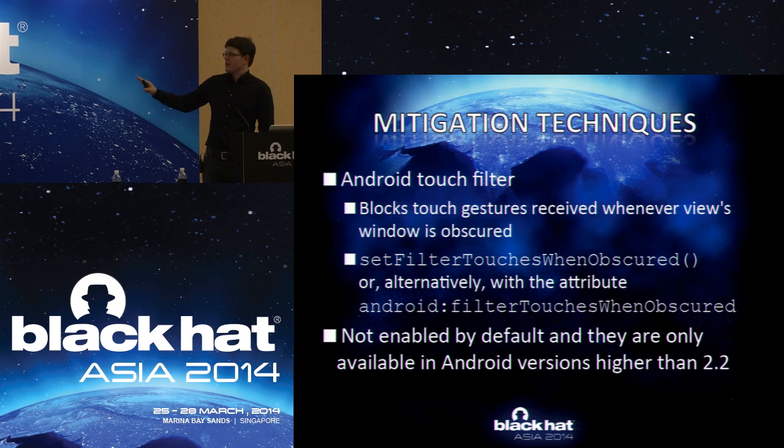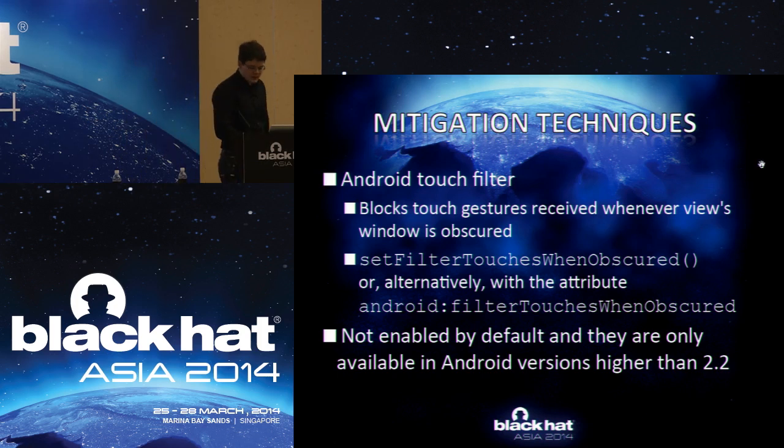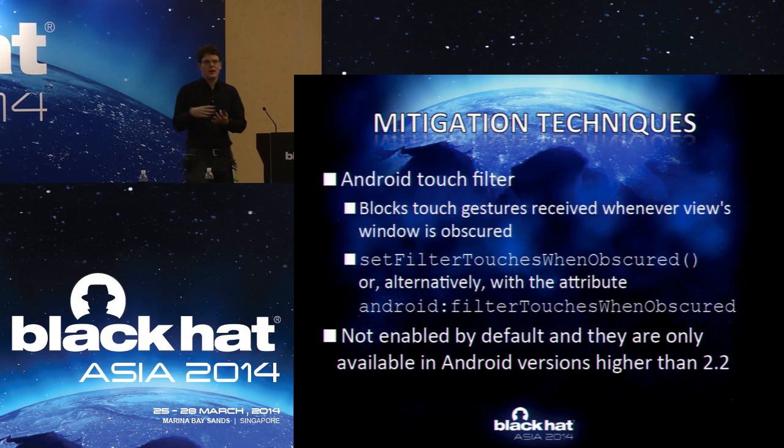Well, there exists one countermeasure. And this countermeasure is called filterTouchesWhenObscured, which means if you use this attribute or method for your button, this button will block touch gestures which have layers over them, so which are, for example, not visible to the user.